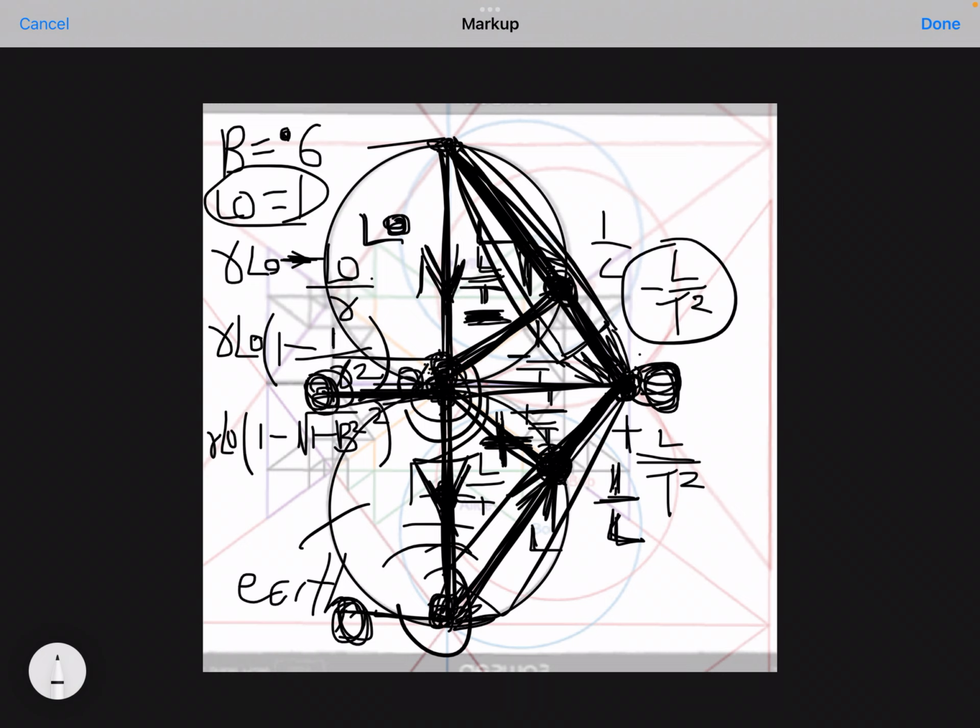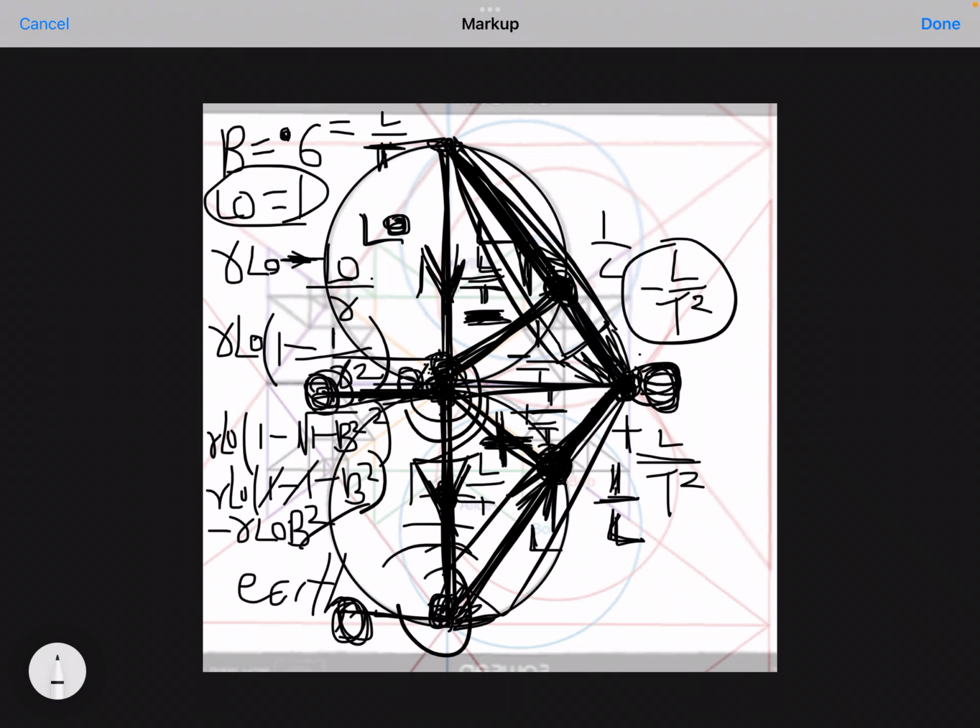And of course, if you square a square root, you just get 1 minus b squared, and 1 minus 1 is nothing, so you end up with a negative gamma L0 b squared. And remember that b is actually L over t according to relativistic slide rule.